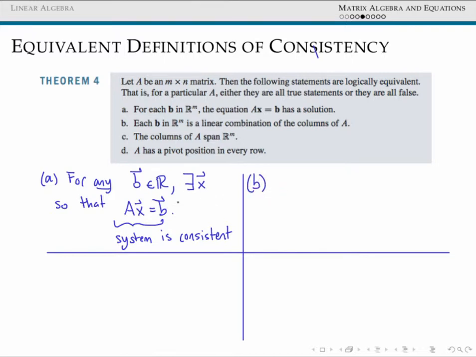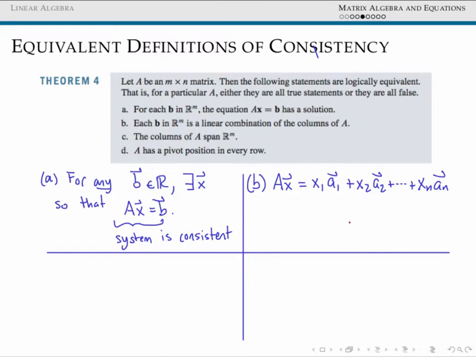From our earlier note, we saw that one way to define the product of a matrix A with a vector x was taking our coefficients x1 inside our vector x and multiplying it by the column vector a1, then x2 times the column vector a2, and so on up to xn times an.